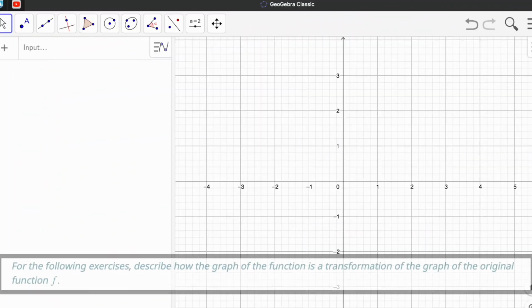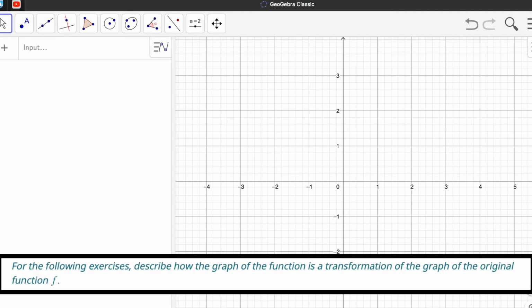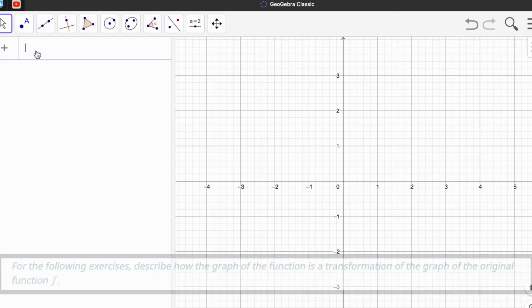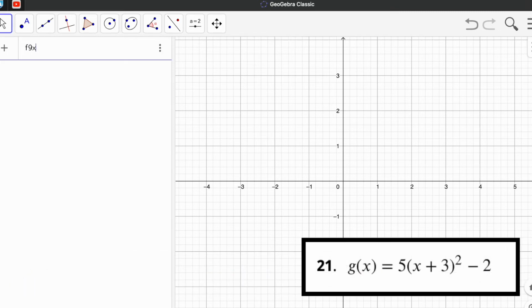We're going to describe how it is a transformation of the original function. So kind of the key is, what is the original function? I think the key is, let me type this in correctly, it is just the squared function, which is this one right here. Now, we can do this in pieces.